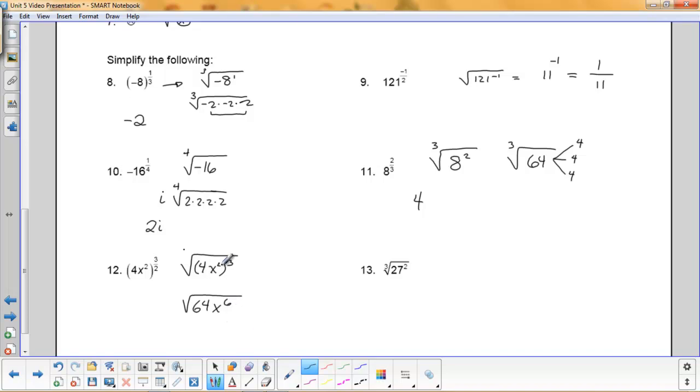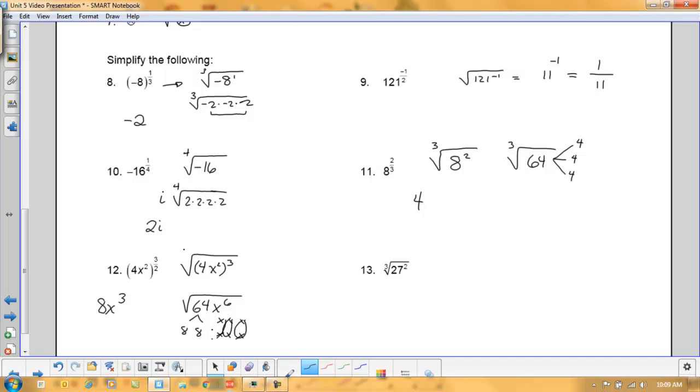Okay? Next thing I'm going to do is I'm going to break this down. We just know that's going to be 8 and 8, and that's 1, 2, 3, 4, 5, 6. So I'm going to circle my groups of 2, and that's going to be 8x to the third power because I circled 3 groups of 2x's.